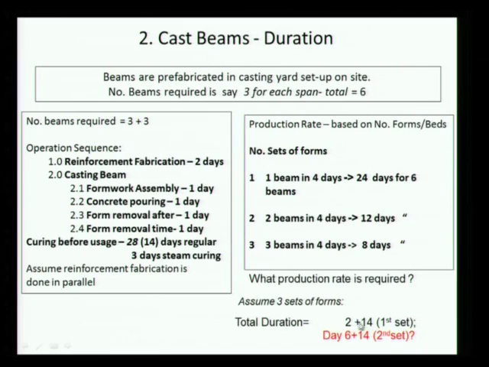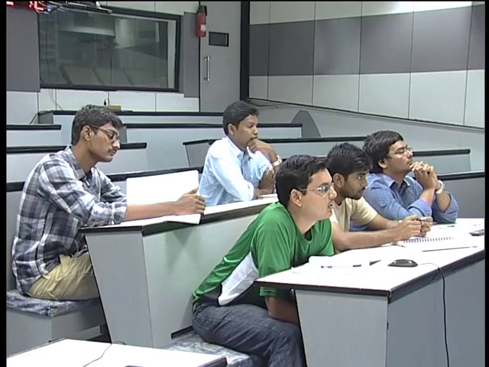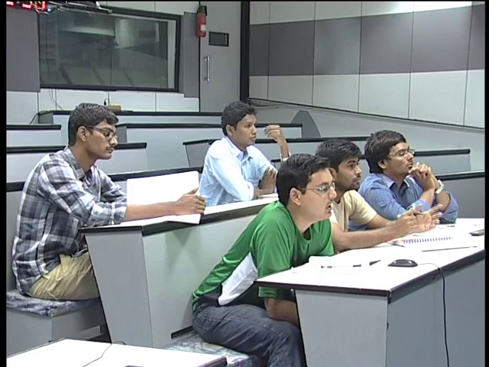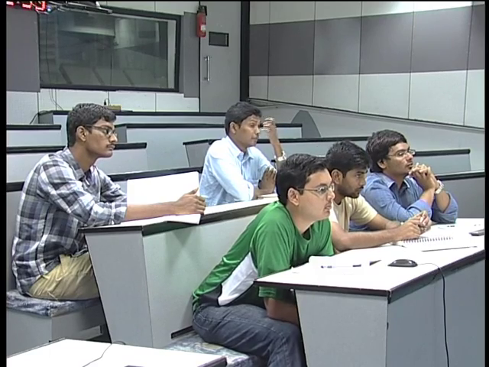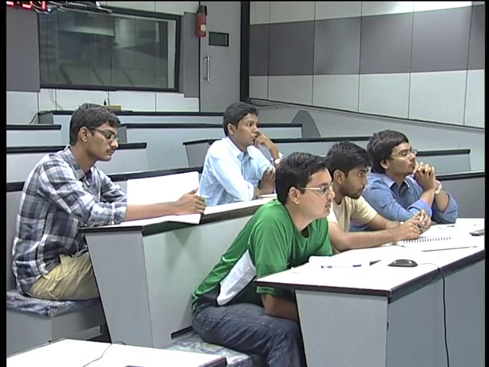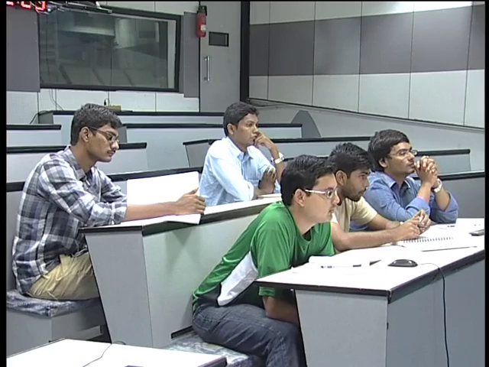I have a duration of 16 days for the first set of beams. What is the duration for the second set of beams? It will be complete by 20 days. Yes, so from when I start, 20 days. So both sets of beams will be available in 20 days.